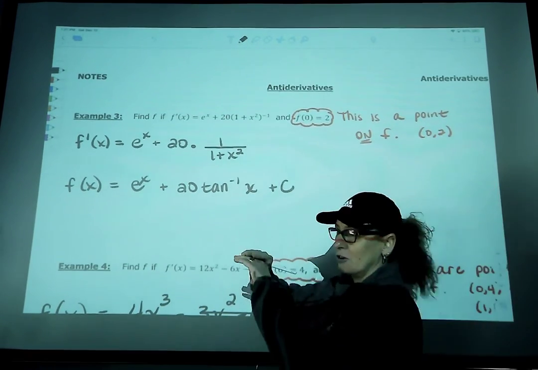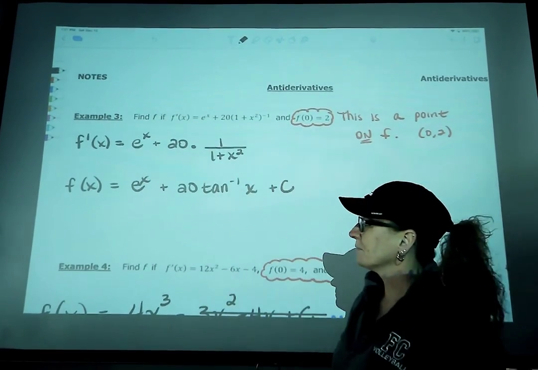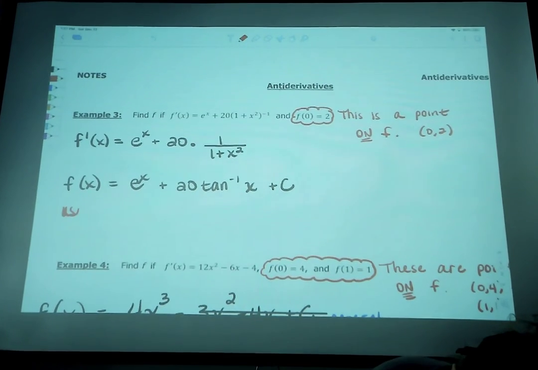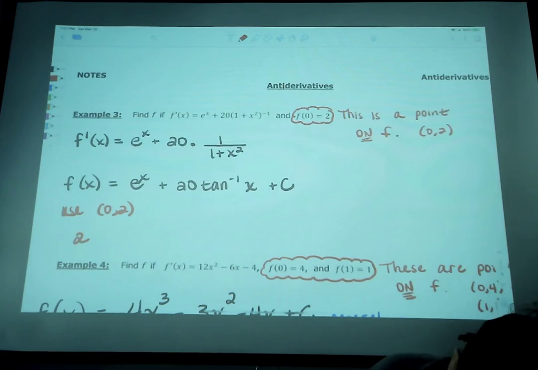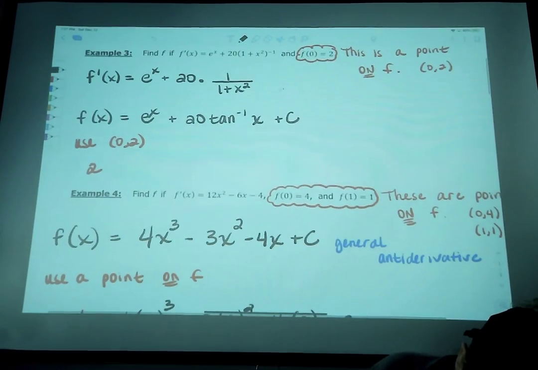If you're going to remember any of the 6 of them, remember this relationship. Okay, we're going to find C. So I'm going to use a point on f.